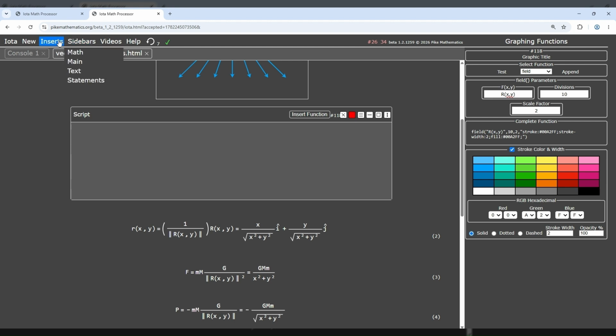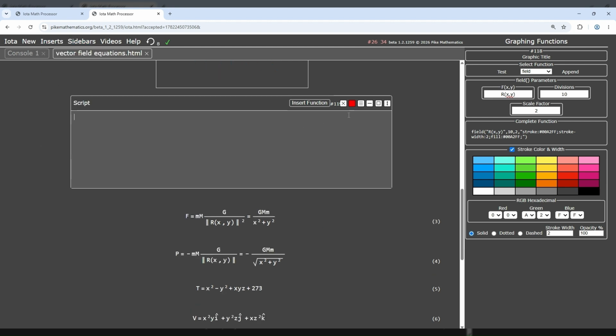So there's our field. We're going to graph it to make sure it looks the way we want it to. Let's see, function. And it was r of x and y. Make it yellow.